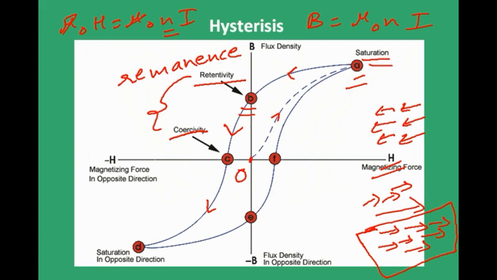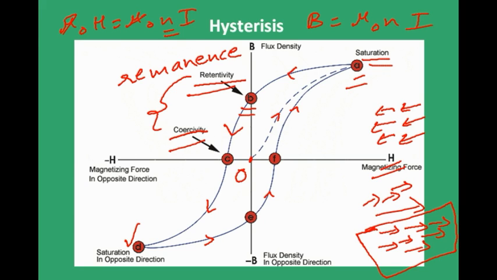So this is my saturation point here, and the same scenario repeats from D to E. I go here, I reverse the direction of current, and again, not all the dipoles have changed their direction, even though the current is zero. And from E to F, I'll go like this. And similarly, I have the curve from F to A again. So this graph uses two important quantities known as coercivity and retentivity.